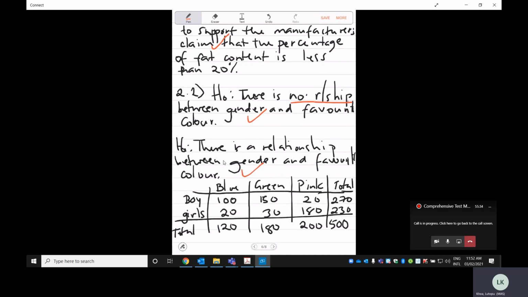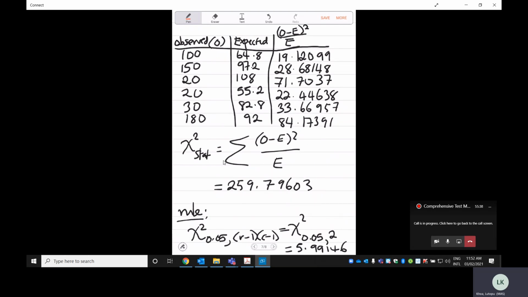Okay, and then the next marks, so there's 4 marks here. There was 1, 2, 3, 4, but 4 marks. Then our chi-square value, which is the 59, is a mark for that.